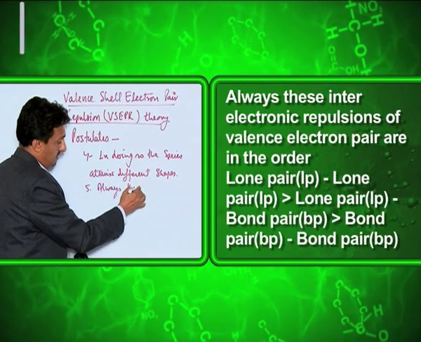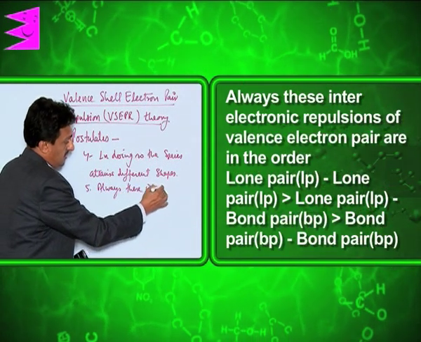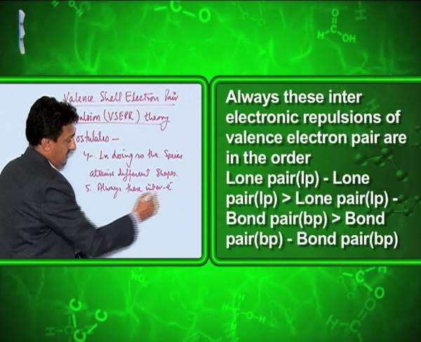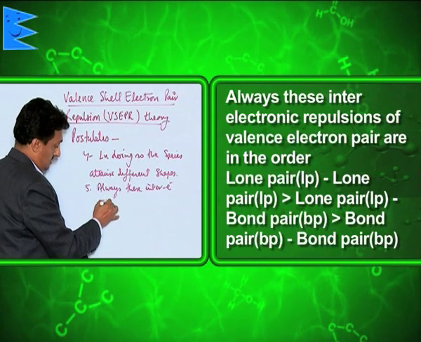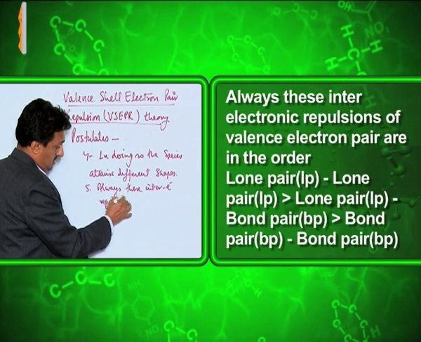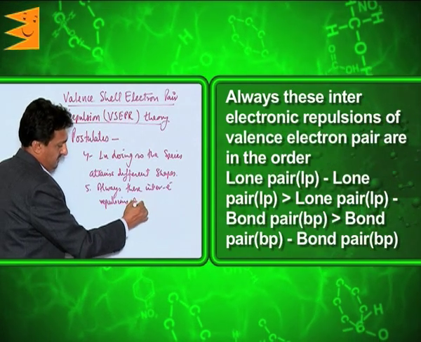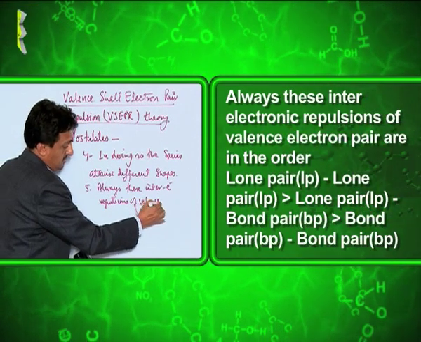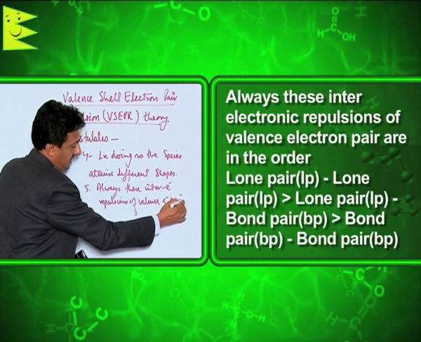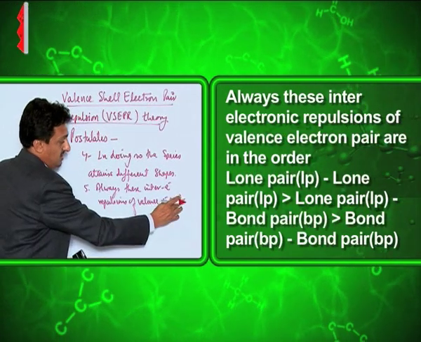Now the most important thing, always: these interelectronic repulsions of valence electron pairs are in which order?